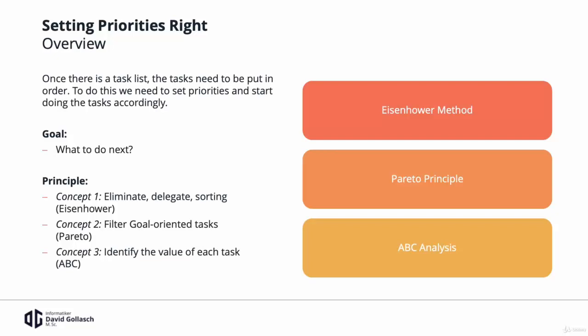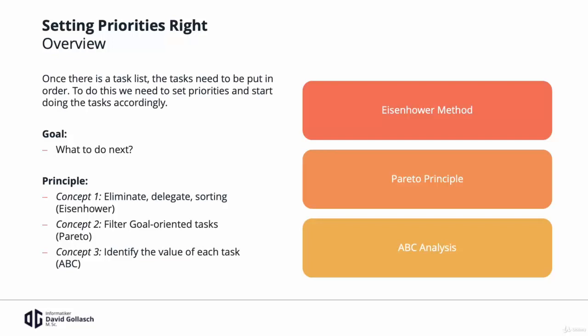So what we need is a certain order for working on our to-do list in the most efficient way, so that we reach our major goal, and that we can also sort out the more relevant from the less relevant tasks, so that we can completely sort out or maybe eliminate the less relevant tasks.